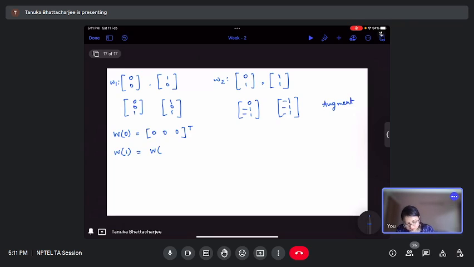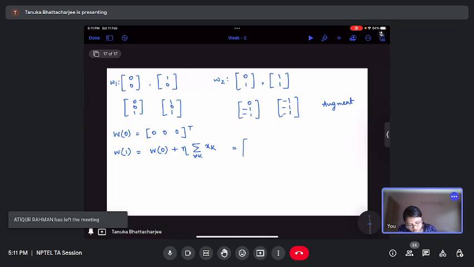So, how will you update your W1? You will do W0 plus eta times the summation of the X k. Here all k you will have to consider, because when you have W0 all zeros, none of W transpose X is greater than 0.